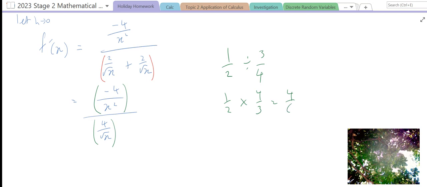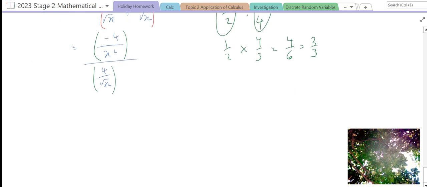That is 4 on 6, which is 2/3. So I can write a pair of fractions like this, one fraction divided by another: keep the first, change to a multiply, then flip. Keep, change, flip. So that's what I'm going to do here.